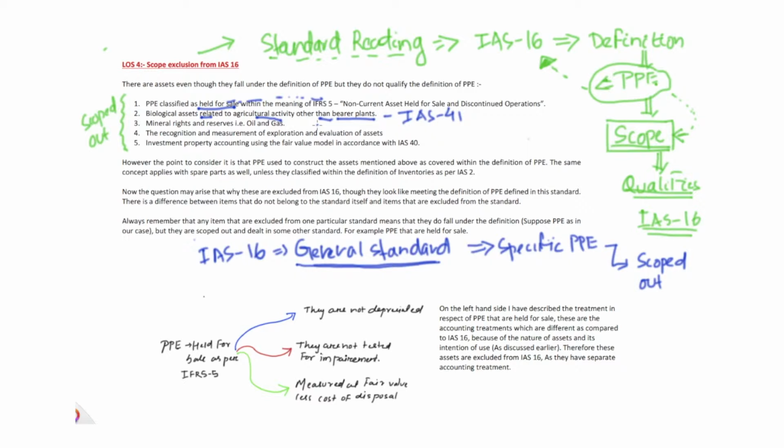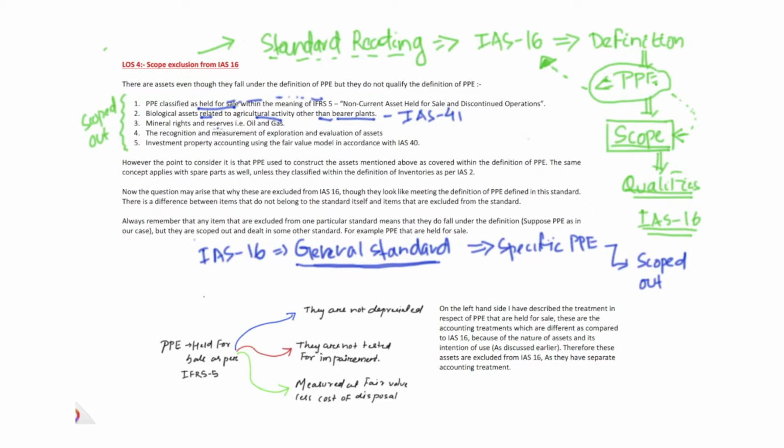Now, I'll just give you a hint of what we mean by bearer plants. Whenever we talk about a bearer plant, think of the example of an apple tree. You pluck the fruit from the apple tree, and you're not going to cut the tree itself. You're going to keep the tree, and when the season comes, the tree will give you fruit for the next season.